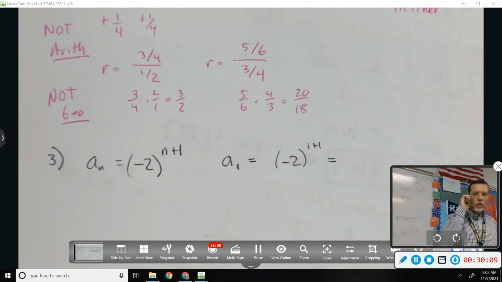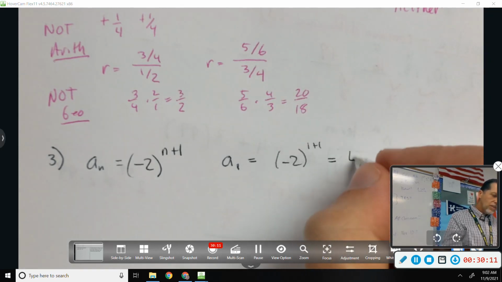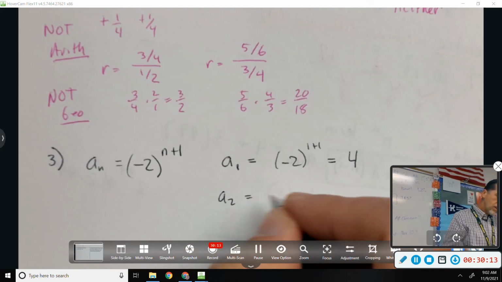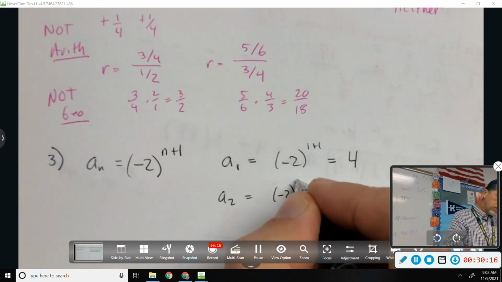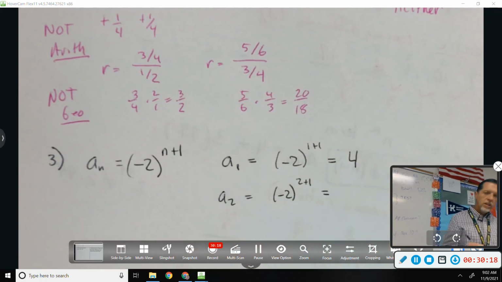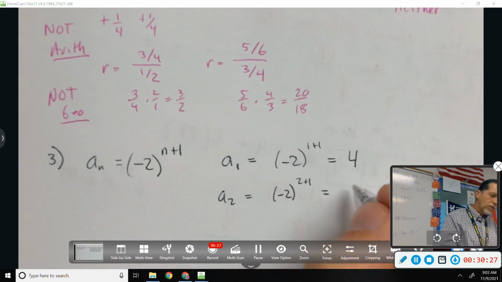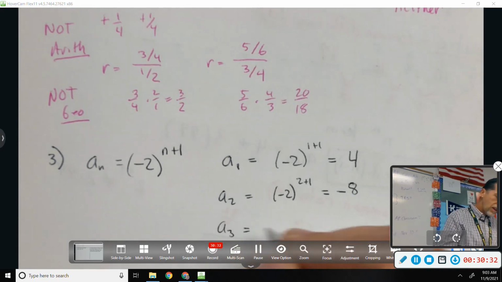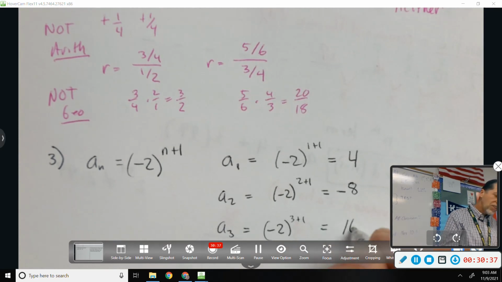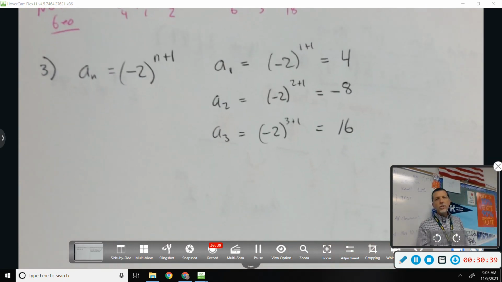Negative 2. The square of negative 2 is 4. Negative 2 to the third is 8. Positive or negative 8? Negative, because it's a negative to an odd power, so negative 8. And then positive 16. You could keep going if you needed more, but it just said find the next 3 terms.